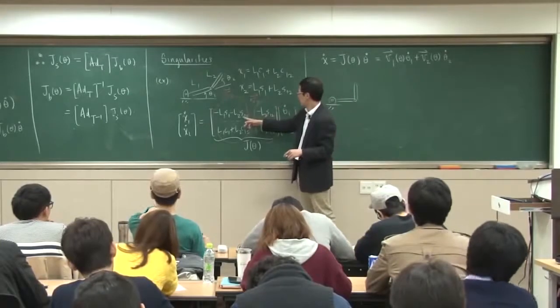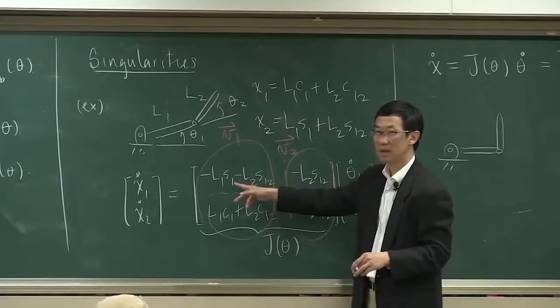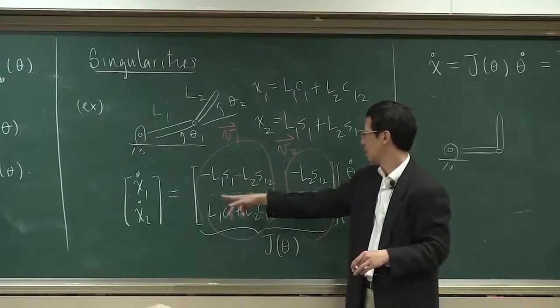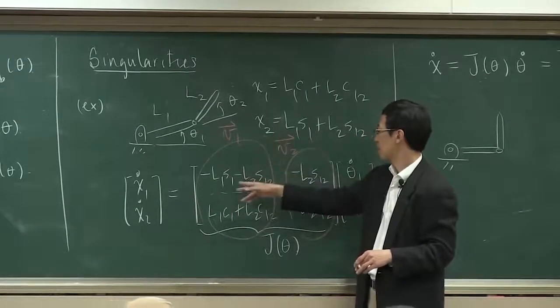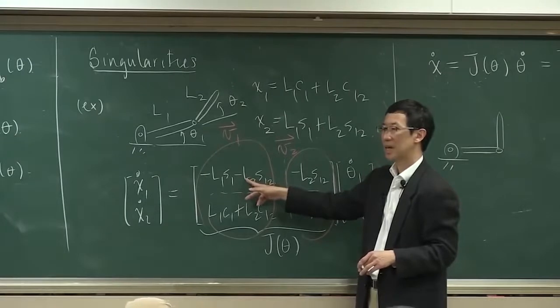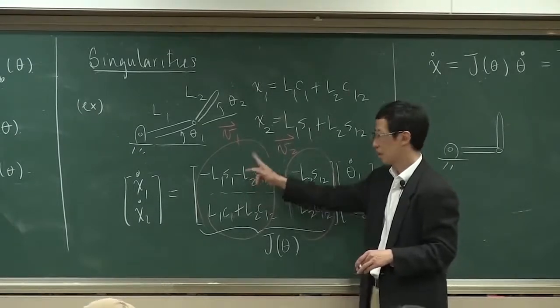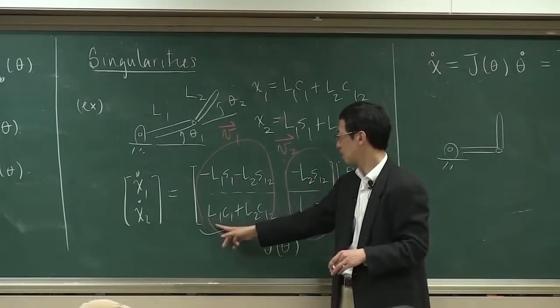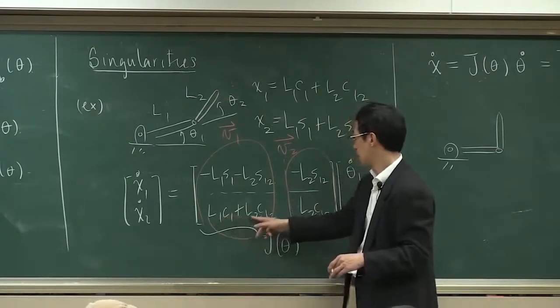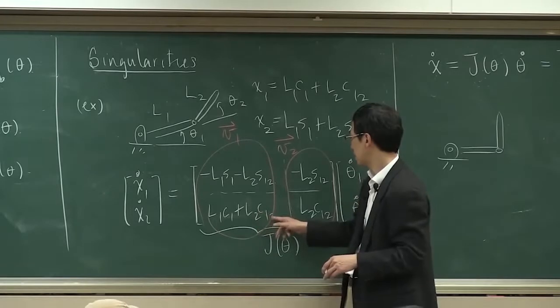Theta 1 is 0, so the sines are 0. Theta 2 is 90 degrees, so it's minus L2 is left here. Down here, theta 1 is 0, so L1 is here. L2 cosine of 90 degrees, 0.